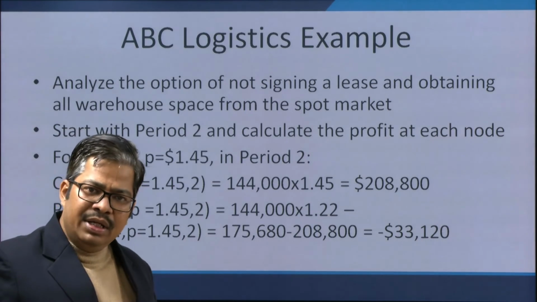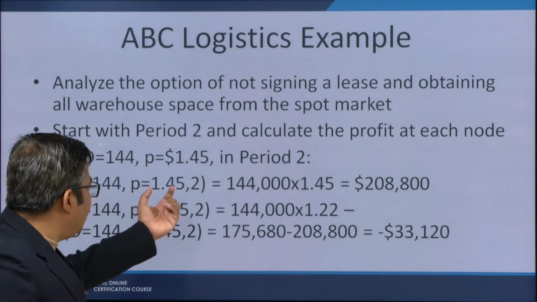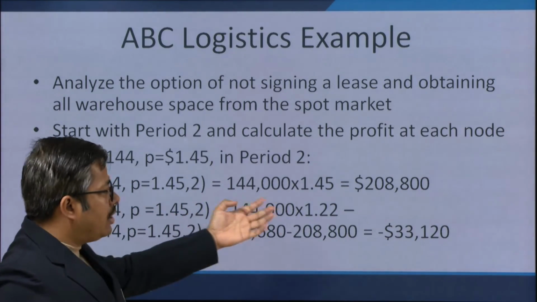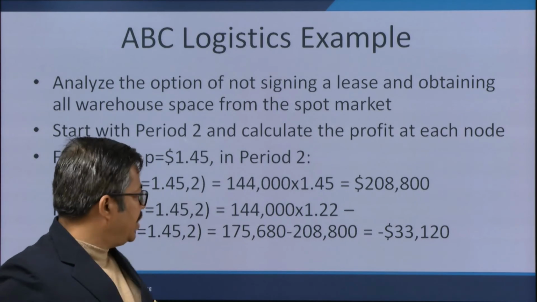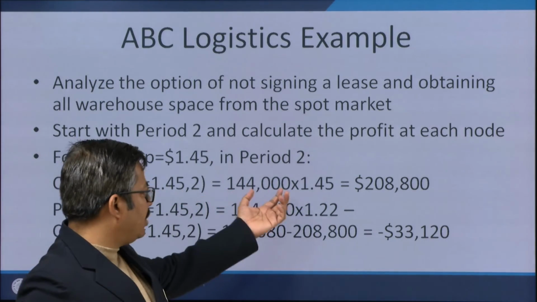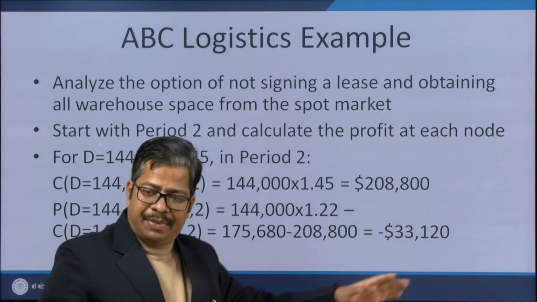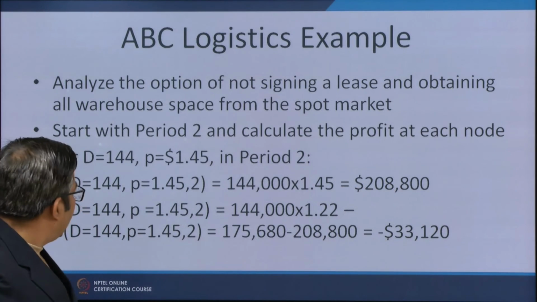Whatever demand is there, I am going to fulfill that demand completely. So, I will multiply this price with this demand. And I have already mentioned that D is in 1000 units. So, this 144,000 into 1.45, this is the cost of the space.